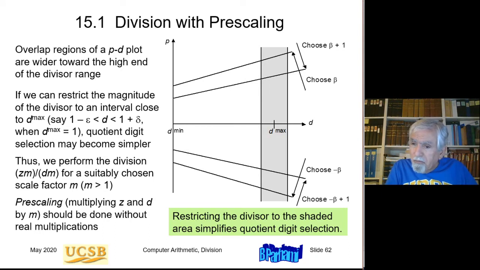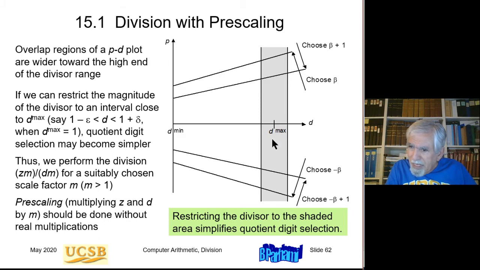What if we focused only on a small region of this PD plot, the shaded area, by forcing the value of D to be in a limited range, rather than going from D min to D max as usual? It goes from, let's say, 1 minus epsilon to 1 plus delta. So a very narrow region around 1, which is usually the max value.